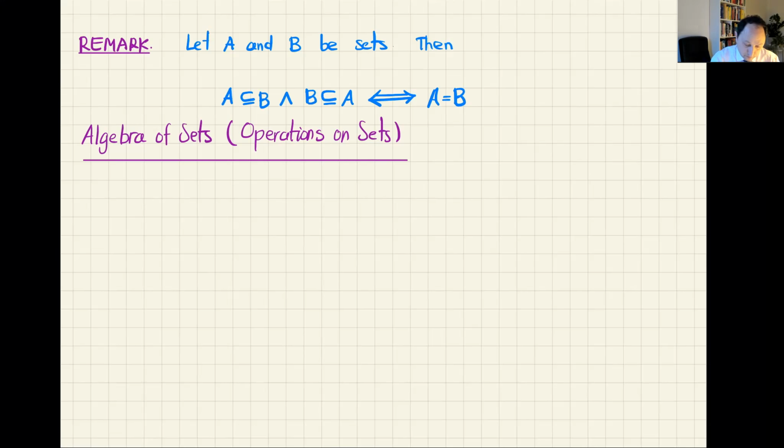So let me write the title. Complement of a set. So let me write the definition.